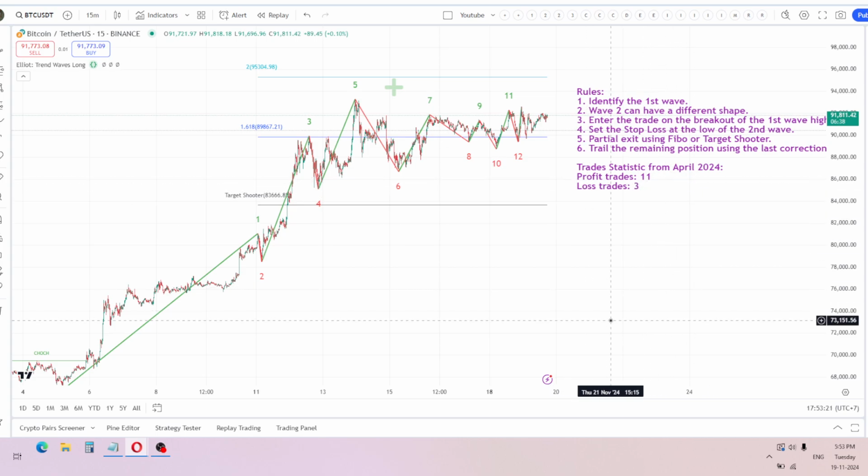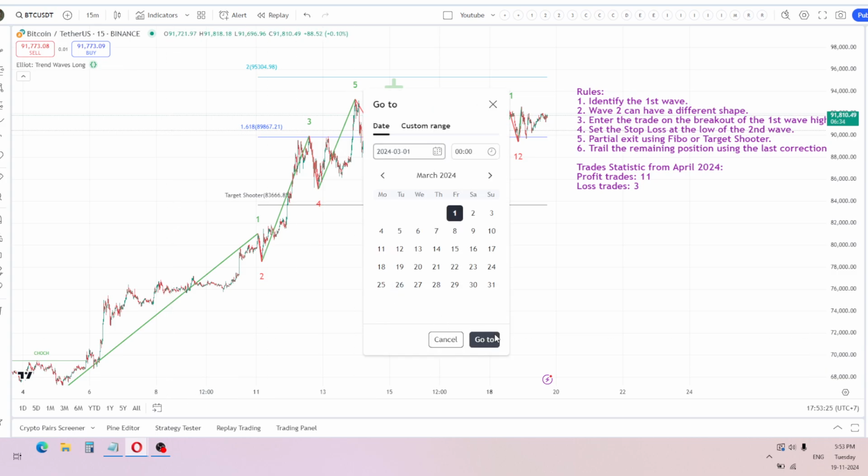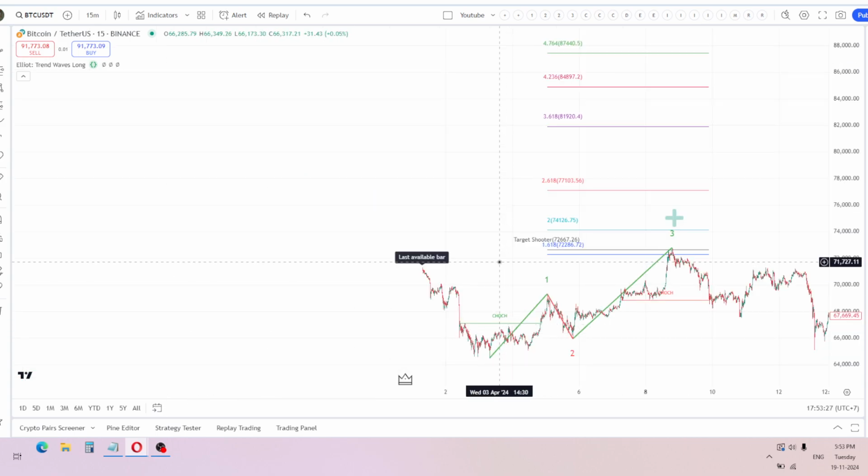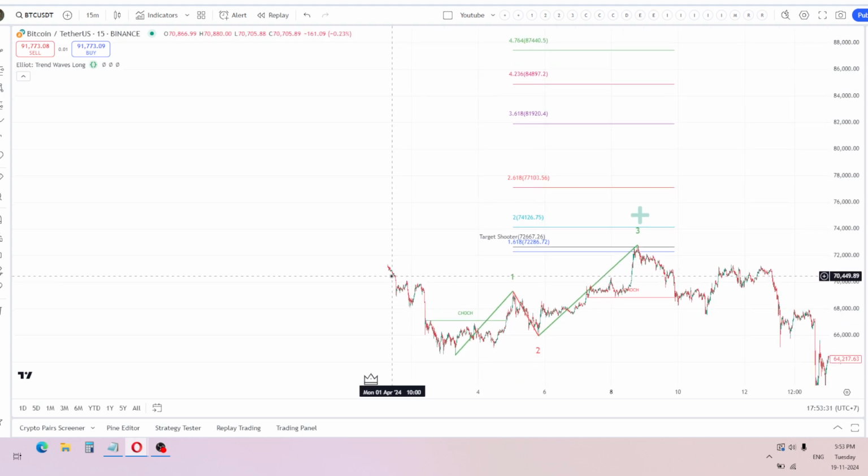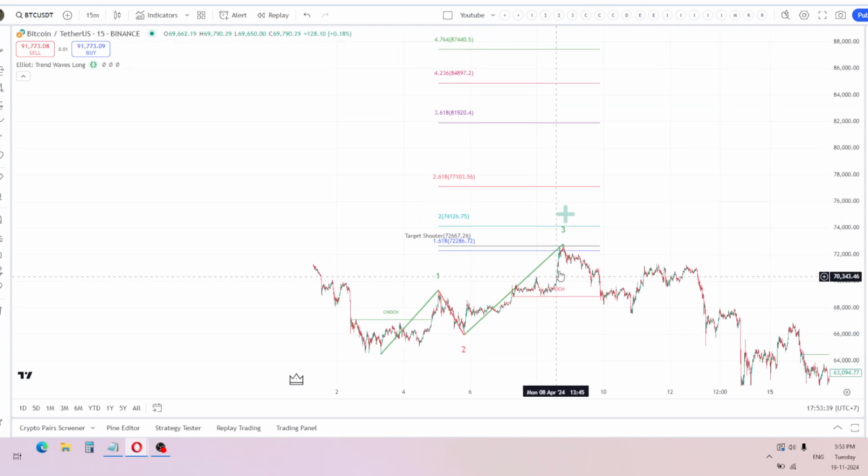I would like to show you how it looks in history, how this methodology works for Bitcoin on the Binance market. This is 1st of April 2024. We can see here the change of character, first wave, second wave, and the top of the third wave reaches the 2 first targets: the target shooter and the Fibo 1 and 6 level.